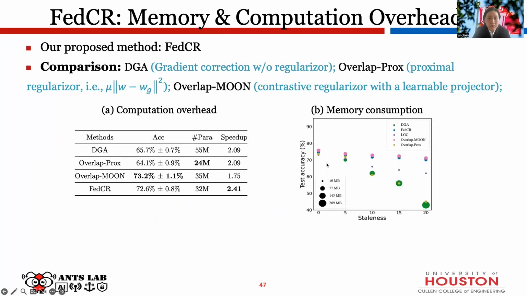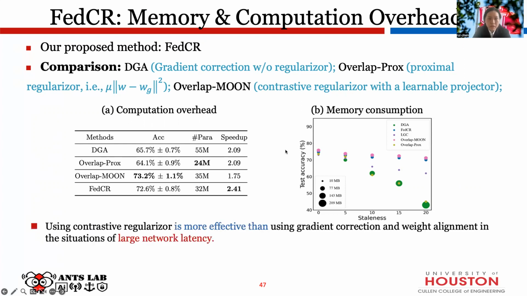And here we also examine the overhead for the computation and the memory consumption. We also compare with different regularization schemes. For example, the overlap prox introduces a proxy term to do weight alignment instead of using the contrastive regularization. And the overlapping moon uses the contrastive regularization, but the projection head includes trainable parameters.